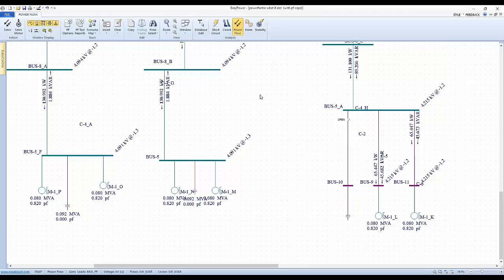The bottom line is the return will be ongoing, and so can be amortized over the life of the capacitor banks.